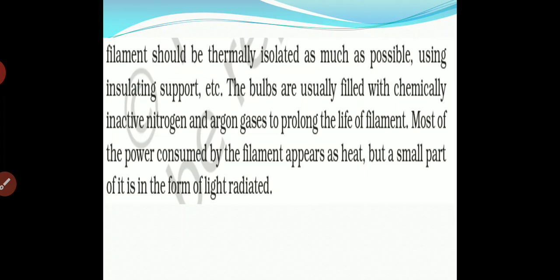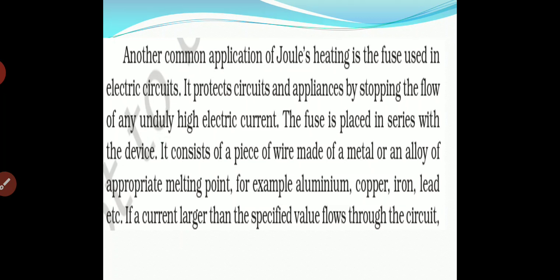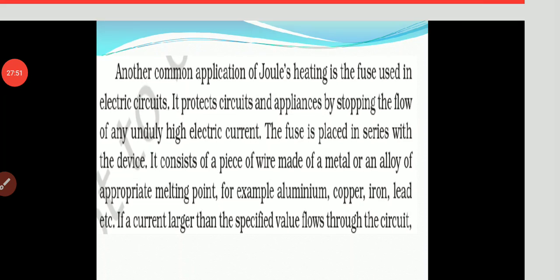So the work of nitrogen and argon is to prolong the life of a filament. Most of the power consumed by the filament appears as heat, but a small part of it is in the form of light radiation.